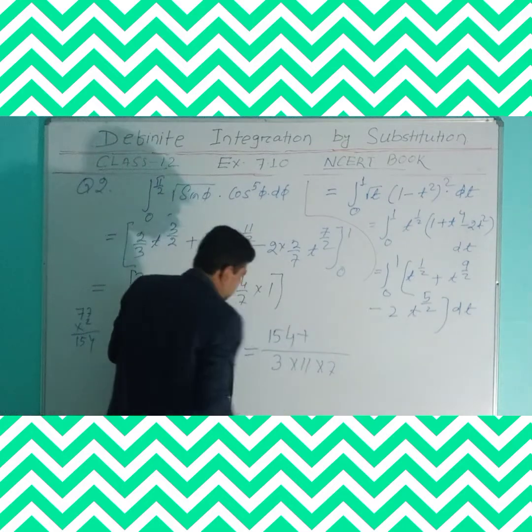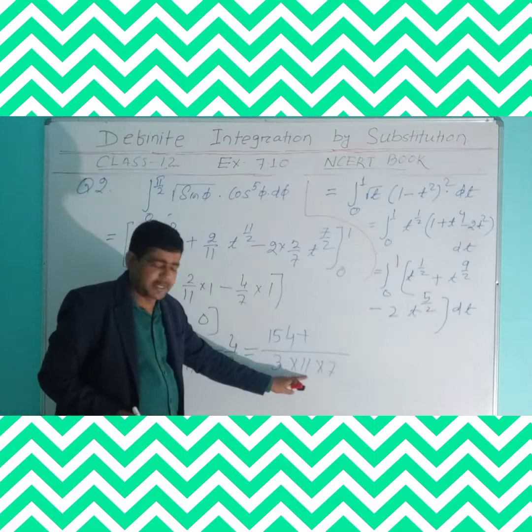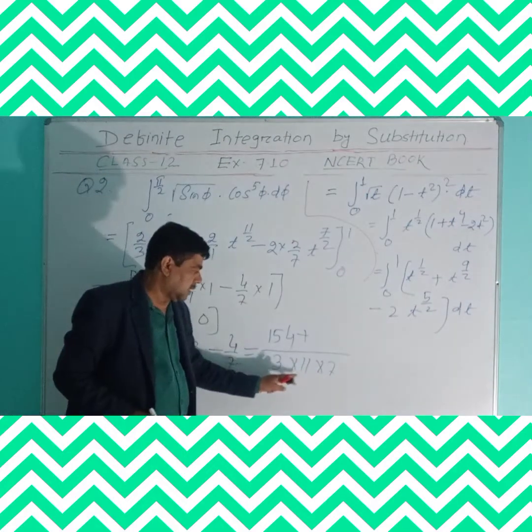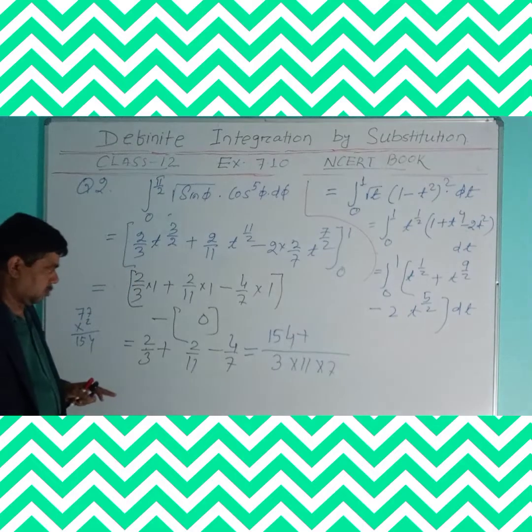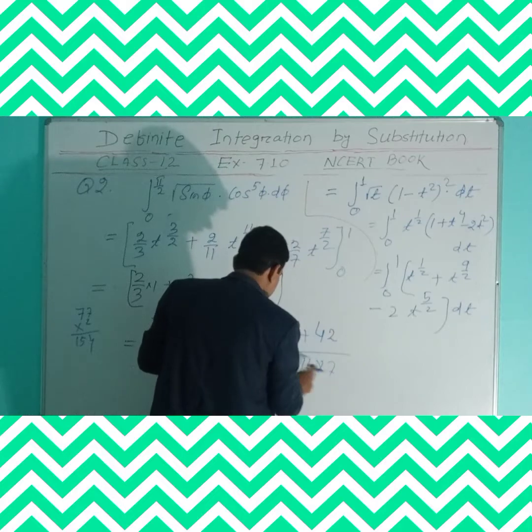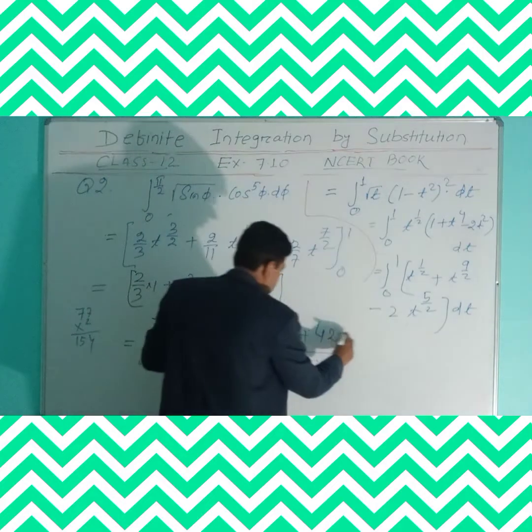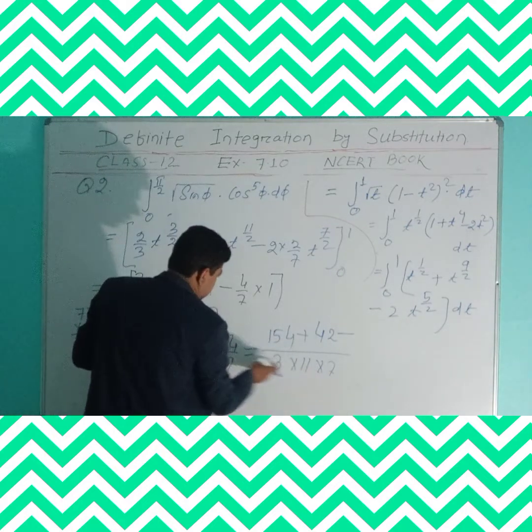Similarly plus. This LCM is divided by 11. The 11 will be cancelled, and the remaining factors 7 into 3 is 21. 21 into 2 is 42. You have to multiply 21 into 2. Then minus. Similarly, this is divided by 7, and 7 and 7 will be cancelled.